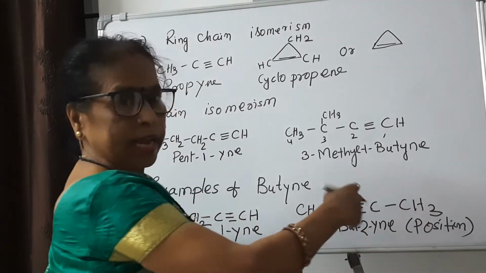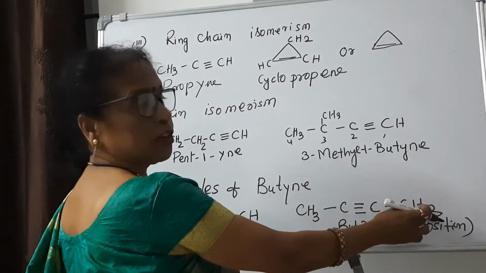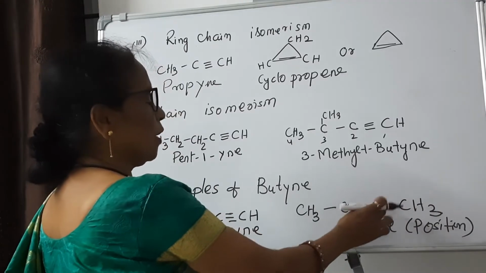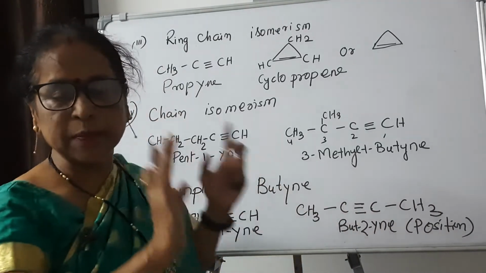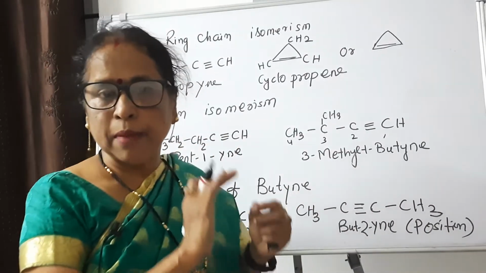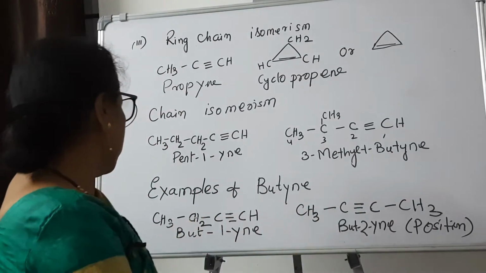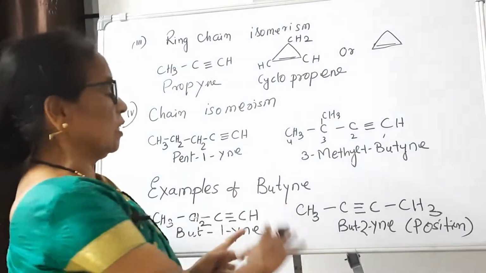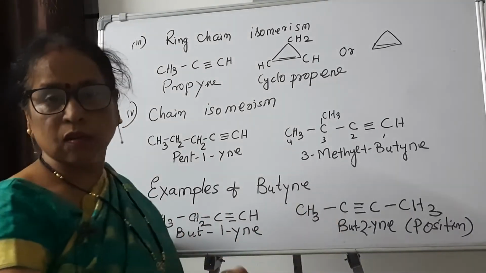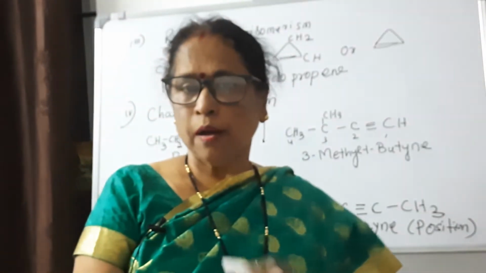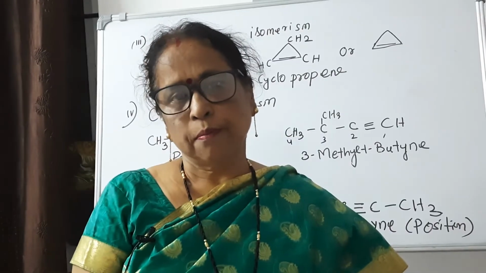That is why I checked again, and here I have written 3 3 1 4 3, 1 4 3, 1 4. That means carbon valency is 4, it is correct. So but-2-yne, but-1-yne. Both of these follow position isomerism.